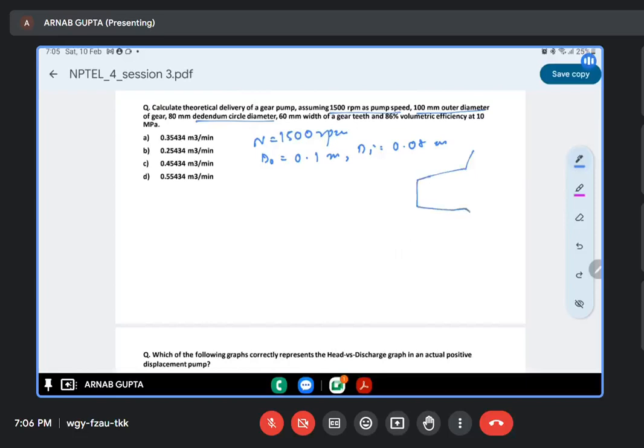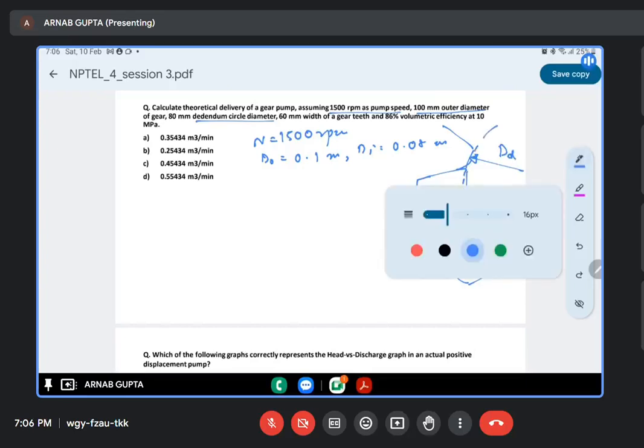Suppose this is the gear tooth, one gear tooth, and there are other gear teeth also. So from the center, this particular distance is called the dedendum circle diameter, and this circle is called the dedendum circle.